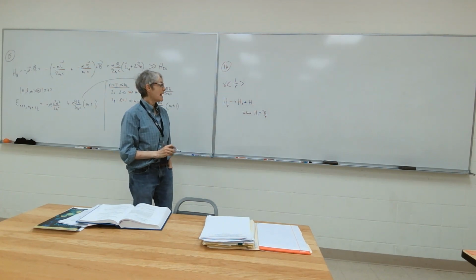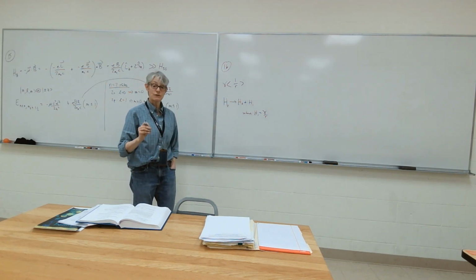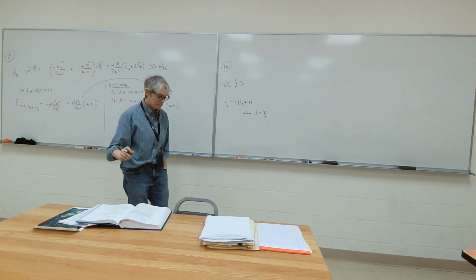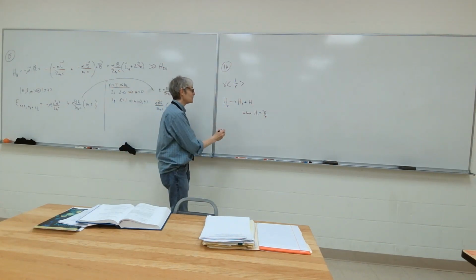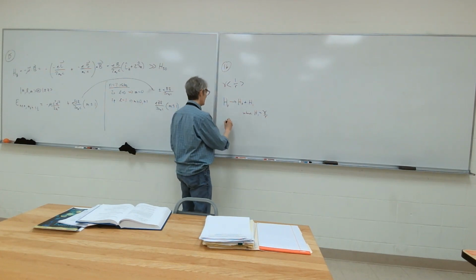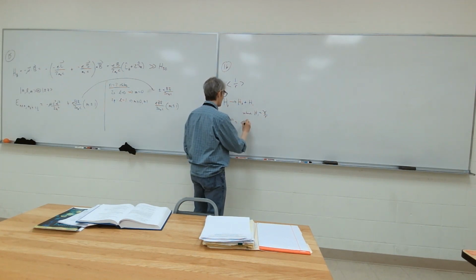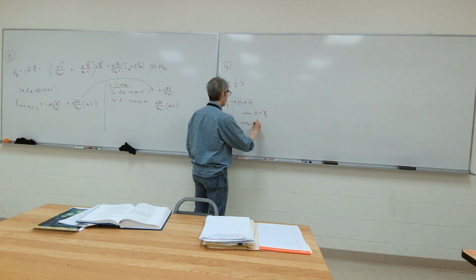And you know, because we've gone through perturbation theory, that the first order correction, E1, is always given by the zeroth order state, let's call it NLM, then the perturbation, and then NLM.